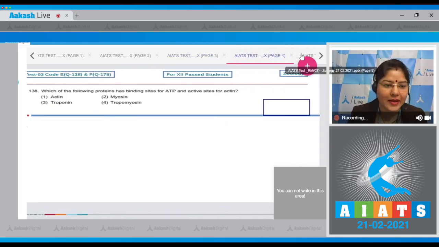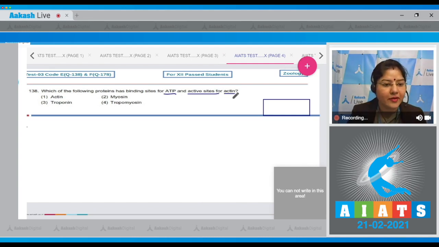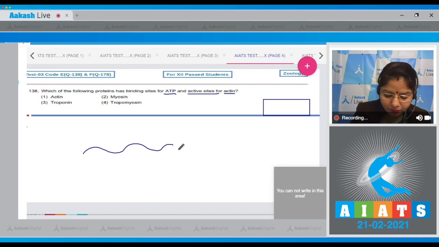Question number 138. Which of the following proteins has binding sites for ATP and active sites for actin? The options given are actin, myosin, troponin, and tropomyosin. ATP and actin binding sites are present on the head of meromyosin. This is the actin binding site.